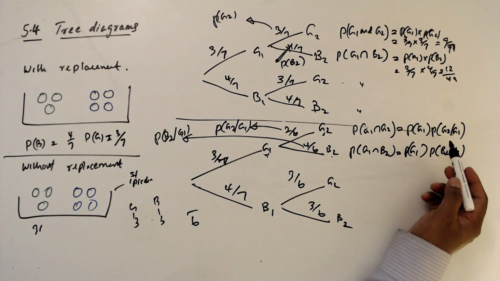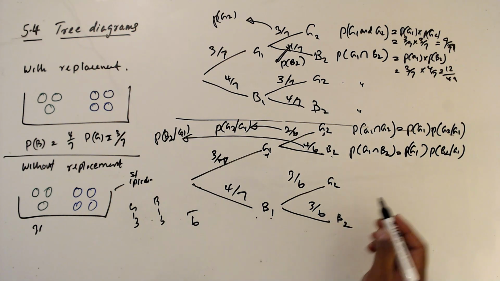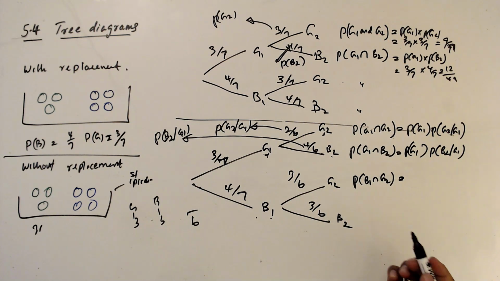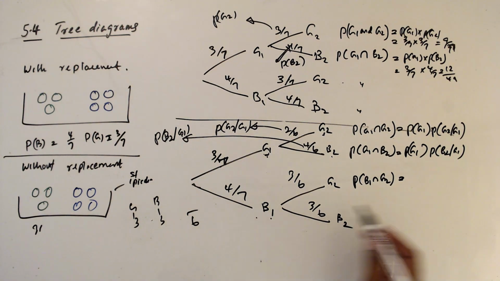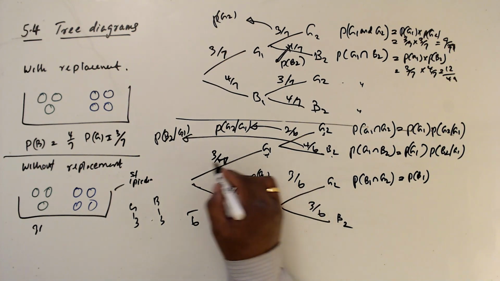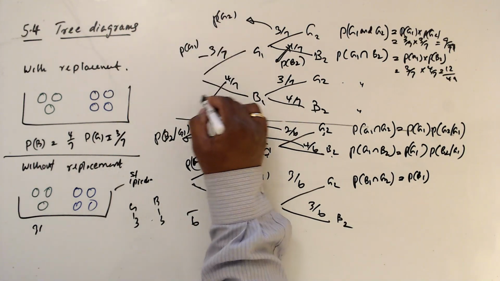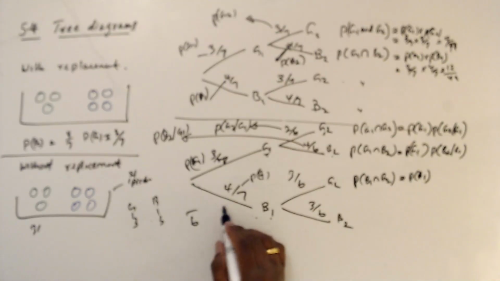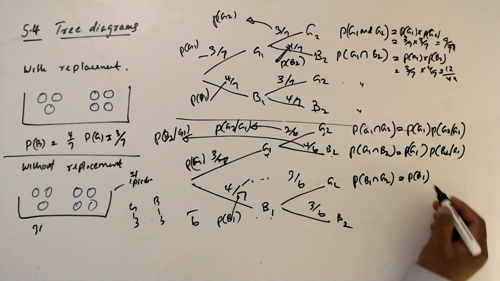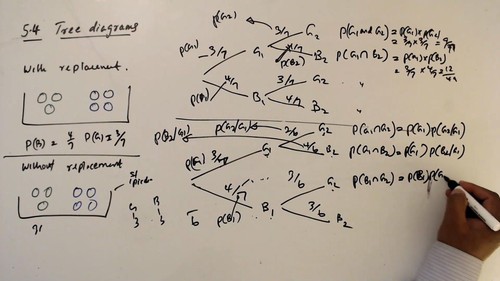Here, the probability of B1 intersection G2 is P(B1) times the probability of G2 given B1.